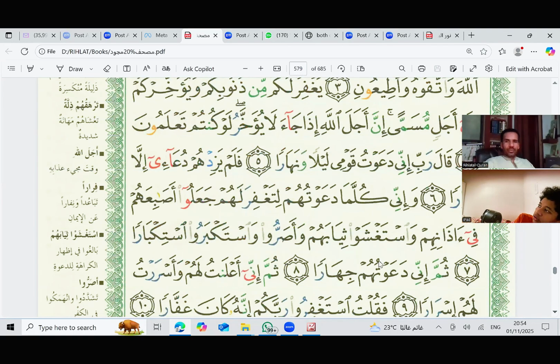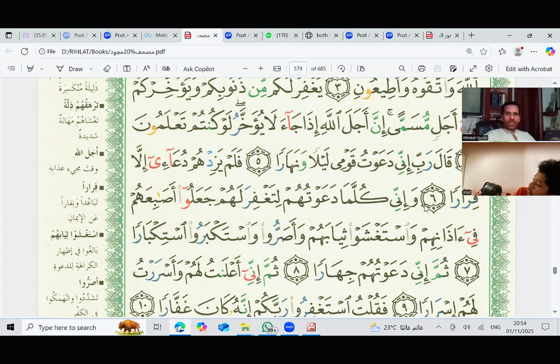Basically, Noah gave them da'wah for 950 years, and their reaction was to cover their ears by putting their fingers inside them to not listen to Noah. وإني كلما دعوتهم لتغفر لهم جعلوا أصابعهم في آذانهم واستغشوا ثيابهم وأصروا واستكبروا استكبارا.